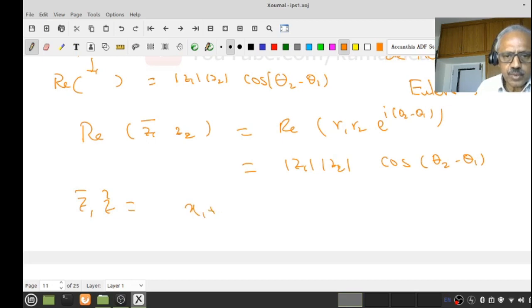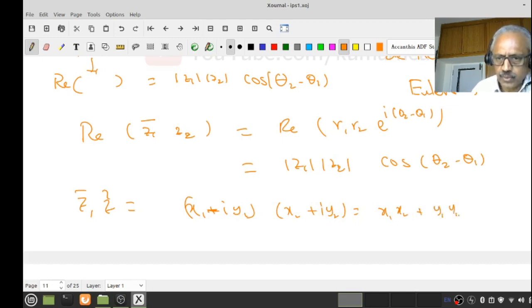Z1 bar is x1 minus iy1 and this is x2 plus iy2, that is x1 x2 minus iy1 into plus iy2, that is minus times plus, plus, therefore y1 y2, okay, plus i times whatever, x1 y2 minus x2 y1, right?